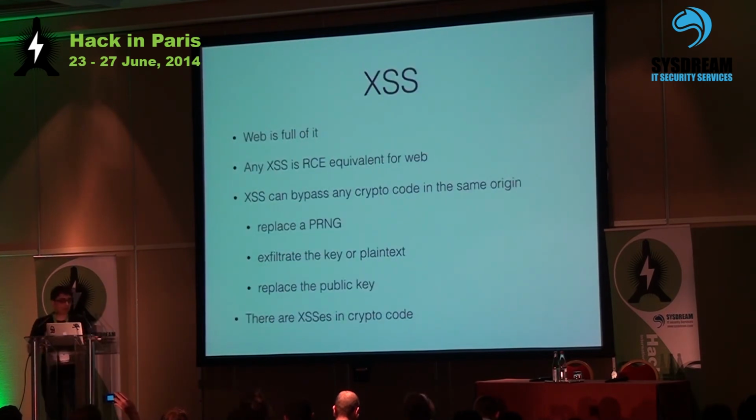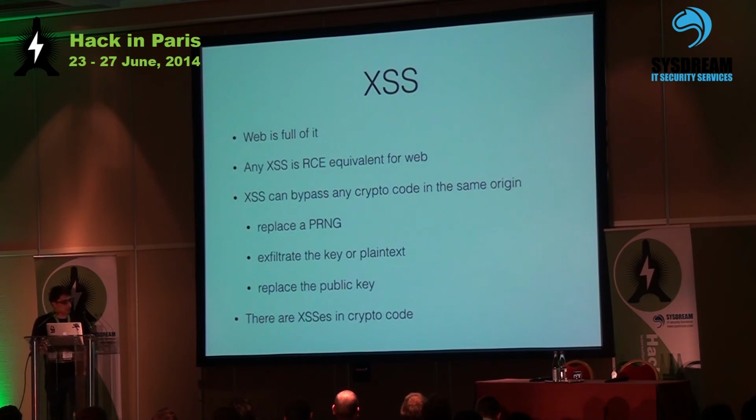Obviously, XSS is just a lame example here, because we all know XSS is not going to be solved as a problem all over the board. You need to solve the problem for yourself, usually, for your application.